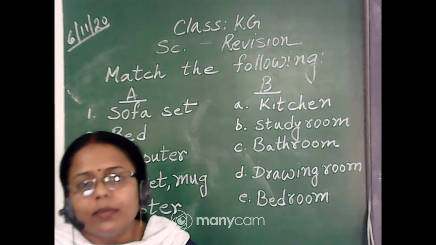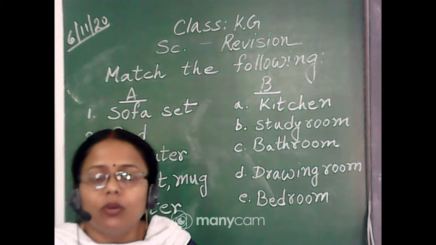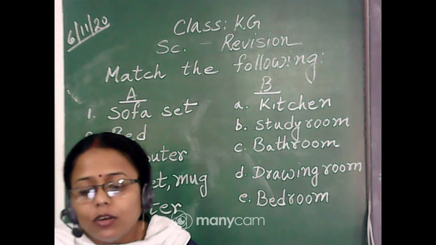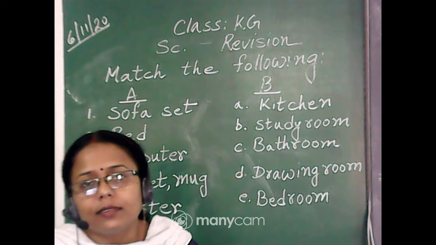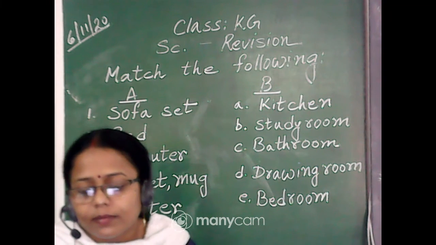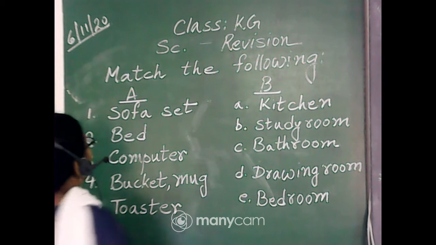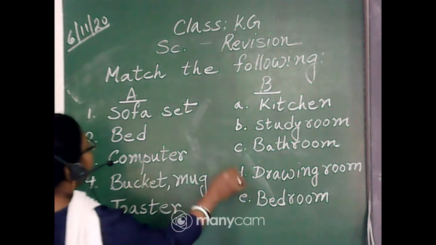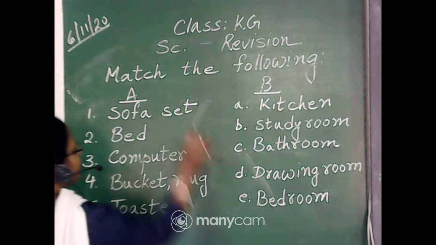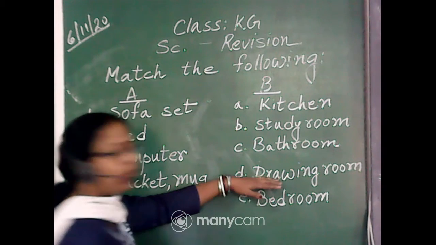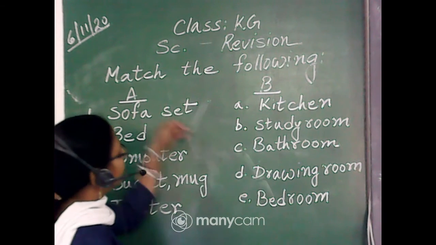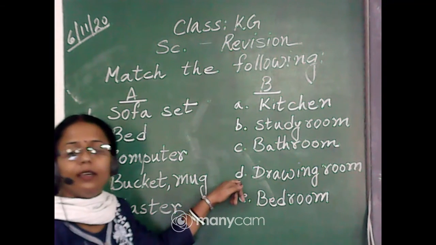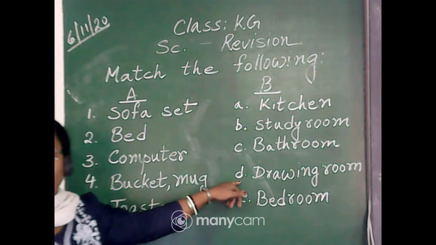Maybe he or she will be a little bit slow, but he or she will have the practice to write. So it's 1D. So sofa set is being kept in drawing room. Very good, Ashmita.